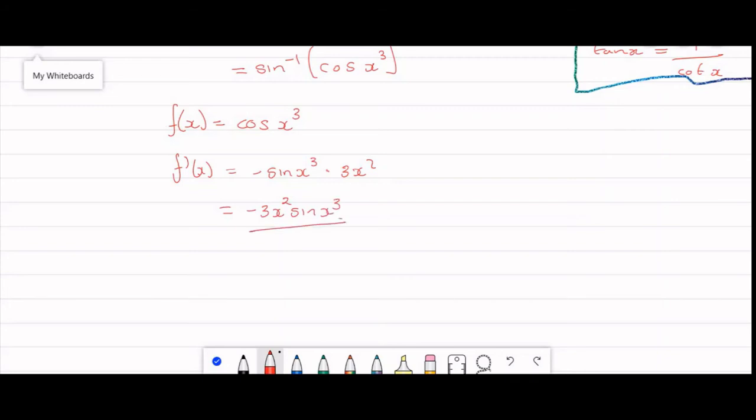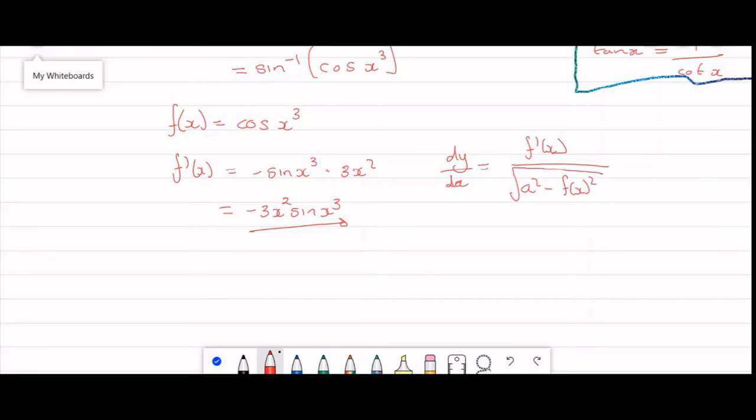So now, since we know our f of x and we know our f prime x, we're going to apply the formula above. The formula said, if we want dy/dx for the inverse of sine, we're going to have f prime x over the square root of 1 minus f of x squared.